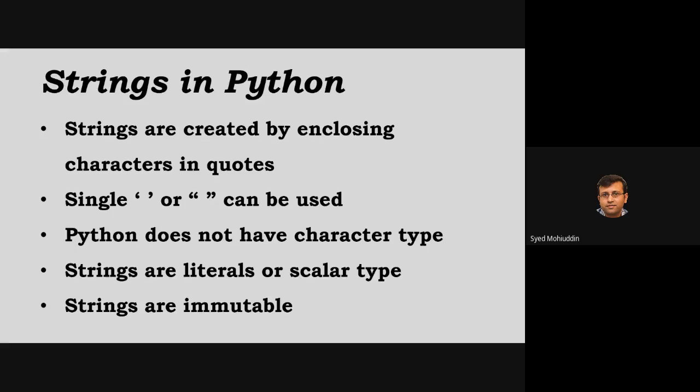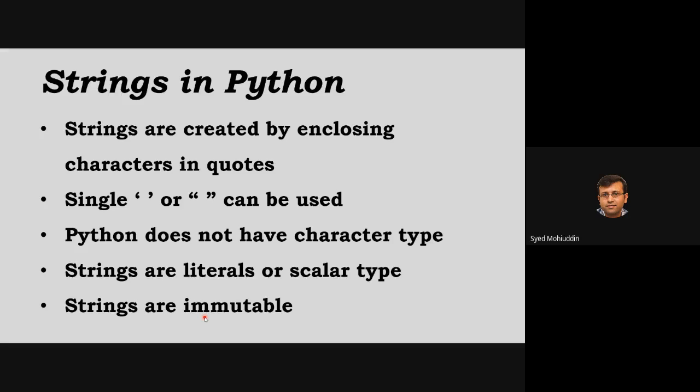Now, this statement might be very confusing for you, when we say that once we create a string, we cannot change it. For example, let's say s1 is a string, s1 equal to, in single quotes, hello.